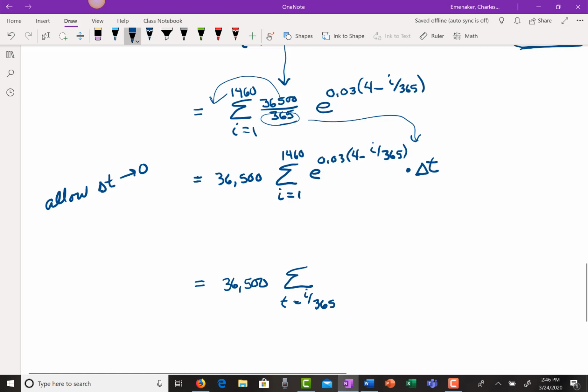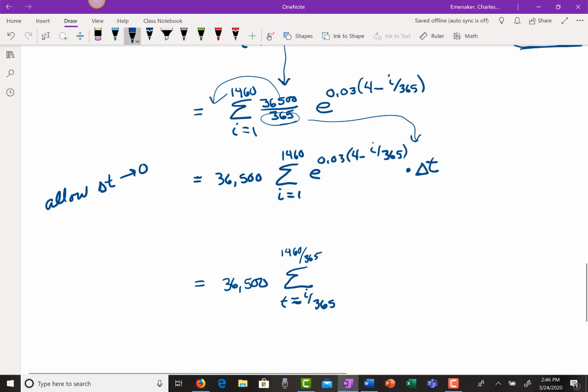Now notice this I over 365 is up here. So we're going to change things around a little bit, and that'll allow us to rewrite some of this. This is going to be 1460 over 365 because now we're dealing with t, which is in terms of years.